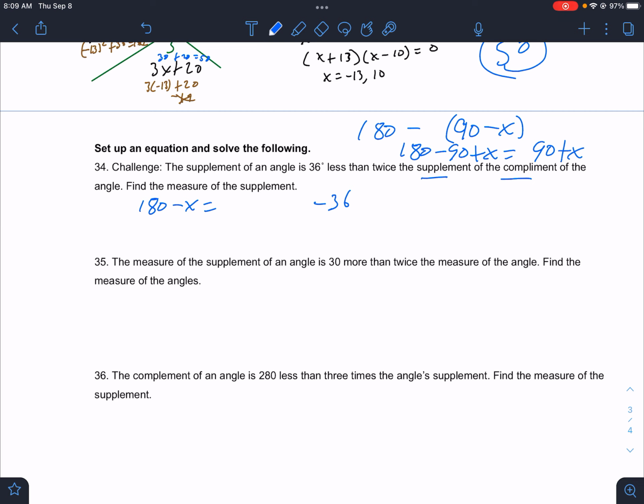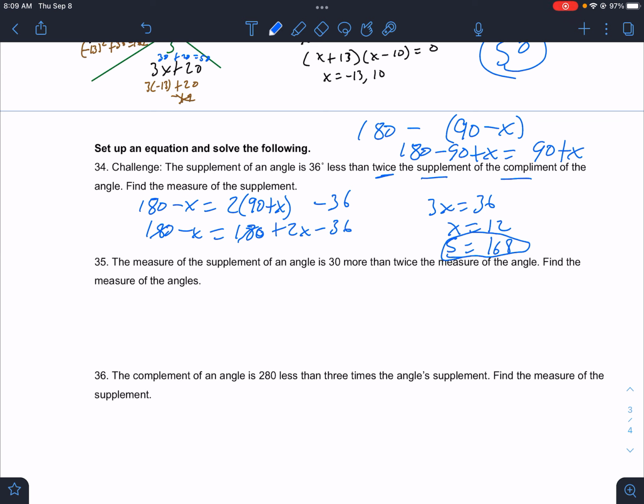This is a hard question, and it's twice that. So that's 180 minus x equals 180 plus 2x minus 36. The 180s cancel out. Move the x over, that'd be 3x equals 36, x equals 12. So the supplement would come out to 168.